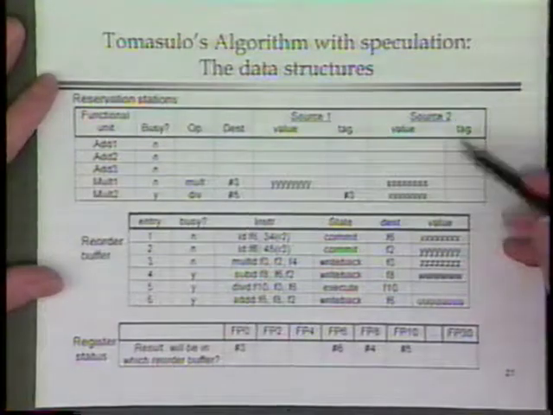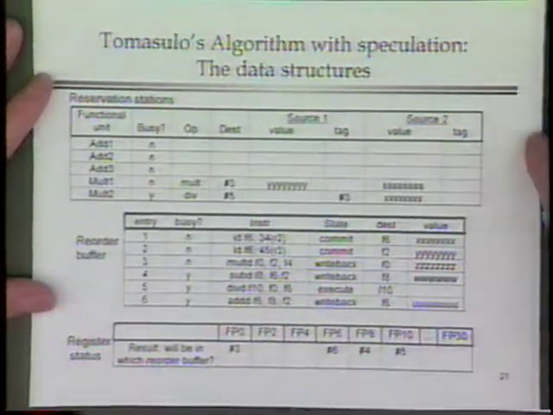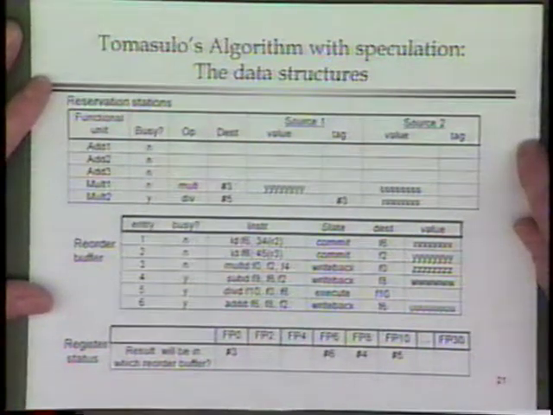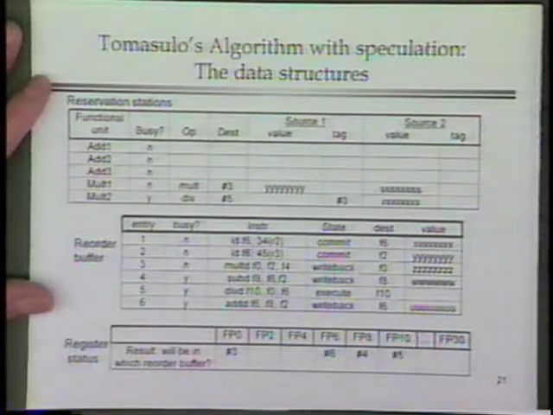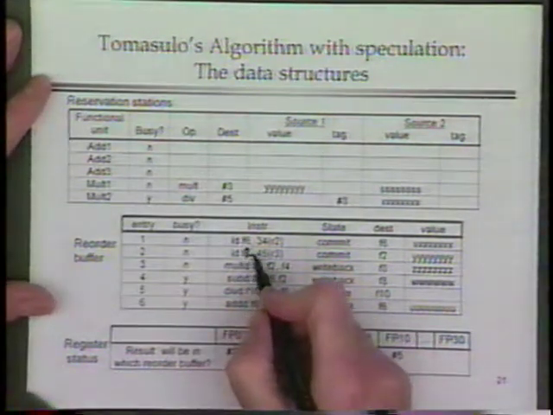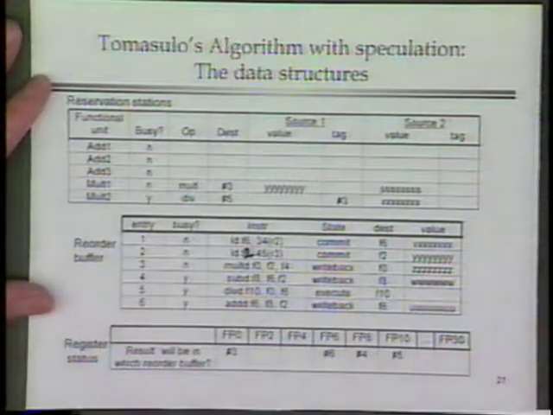Okay, this is another chart like the ones I showed for the basic Tomasulo algorithm that shows what the data structures are for keeping track of all of the instructions in progress. Let me see if I can remember where we are here. Well, to begin with, this is a load of register 2, not register 6.